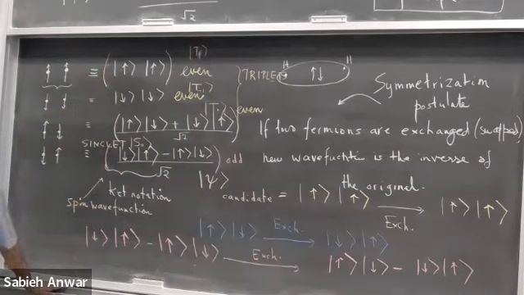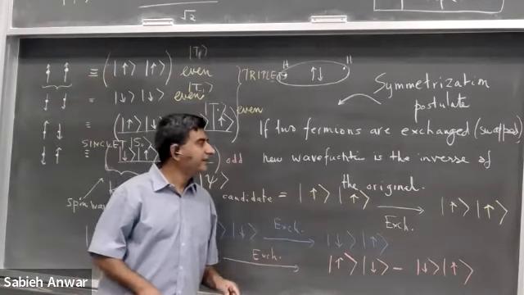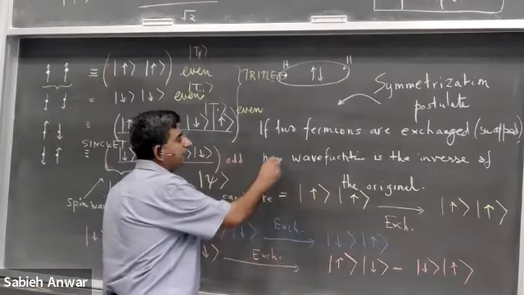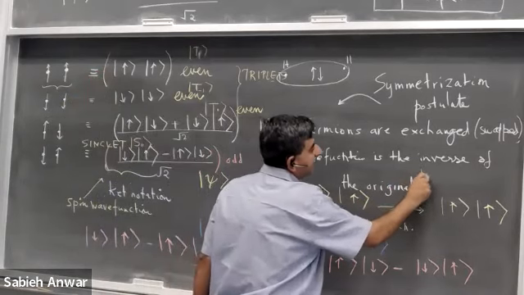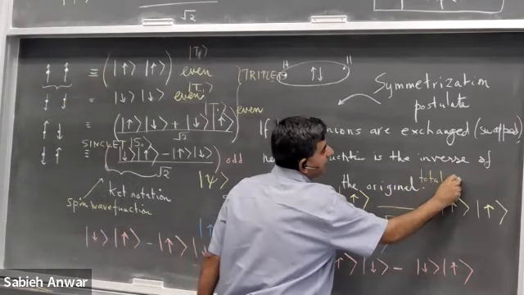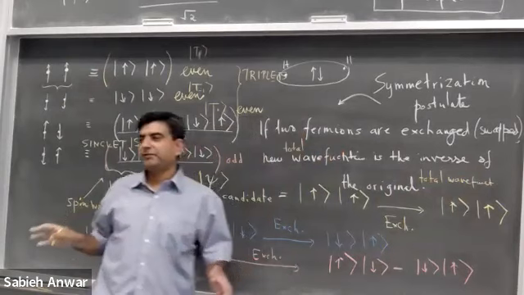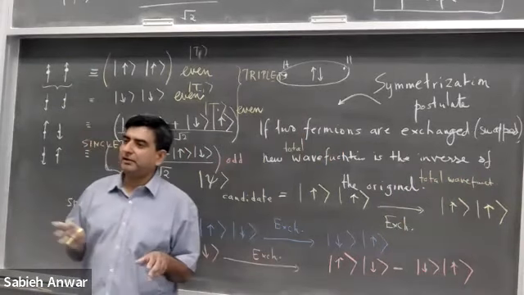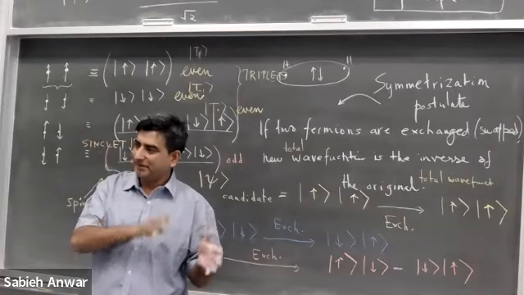All right. Now, what the symmetrization postulate means is that the new total wave function is the inverse of the original total wave function. The electron has different degrees of freedom. It has spin, it has other degrees of freedom, orbital angular momentum, and so on.